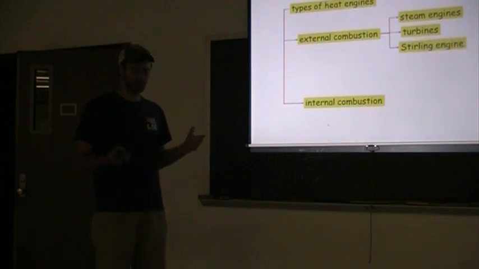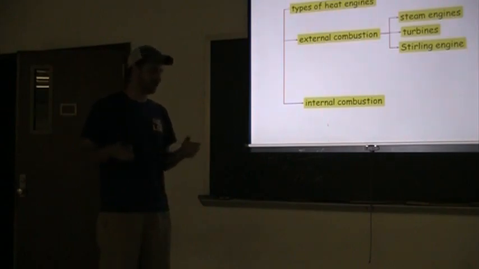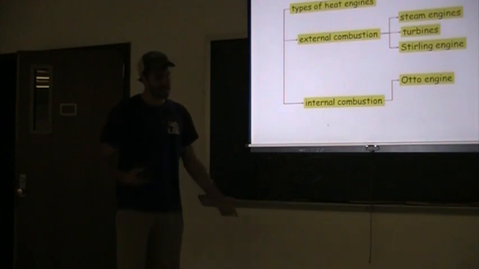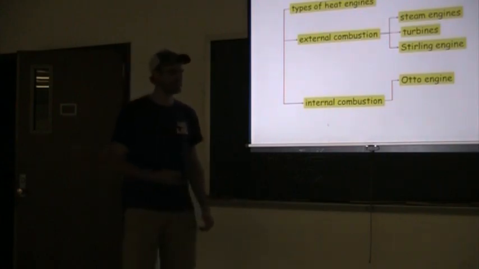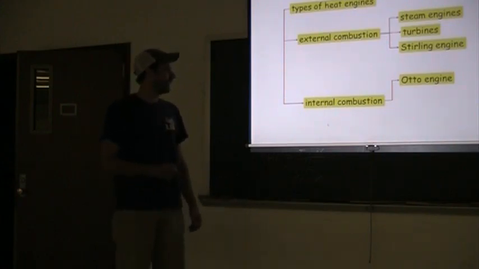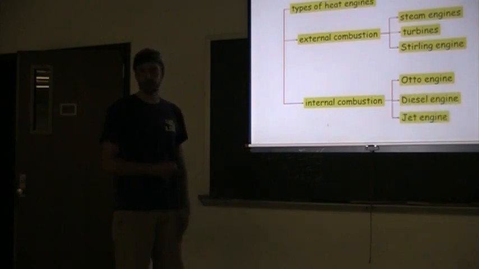Basically in these engines, the combustion happens in some outside chamber, and from the combustion chamber it's then transported into the engine itself and turned into mechanical work. In internal combustion engines, as the name implies, combustion takes place in the engine. Some basic cycles that we've all heard of before in thermodynamics are the Otto cycle, the diesel cycle, and the jet engine cycle, as Giselle talked about earlier.